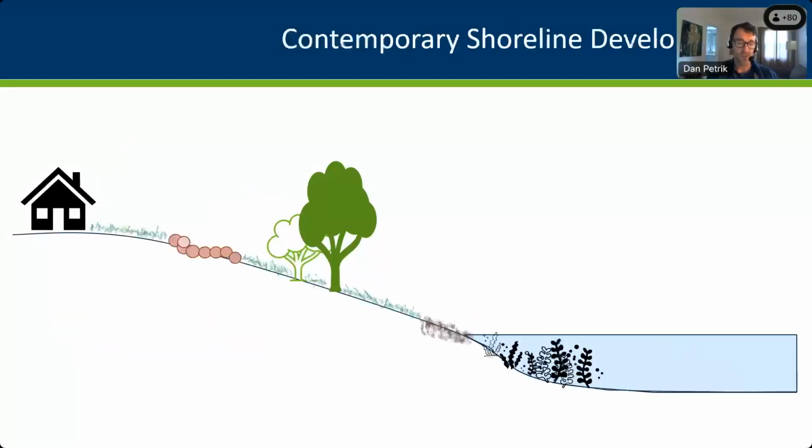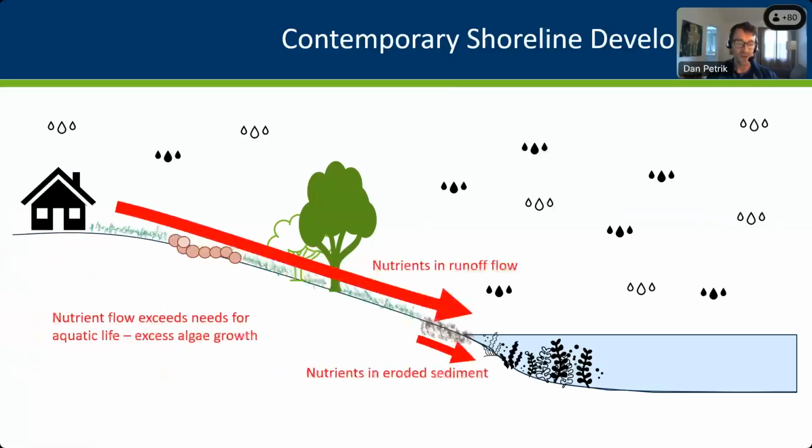Now we modify this a bit by taking out the natural vegetation, putting in a lawn, putting in some hardscaping, and we add a little bit of rainfall to this. We start getting many more nutrients running off, both in the liquid runoff, but also in the eroded sediment. And at this point, the nutrient flow starts to exceed what is needed for aquatic plant life and aquatic animal life. And we see water starting to turn green.